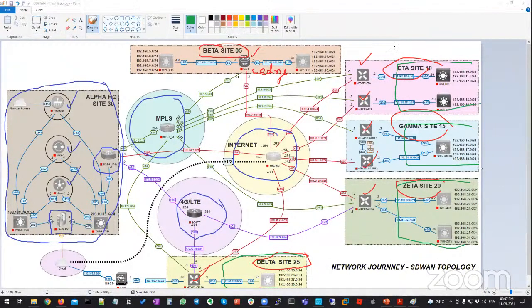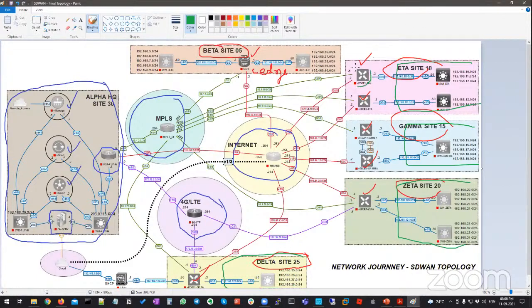Yes, sir. I have a question. On the ETA side, right? We are having 2 vEdge devices. Does it support, if we are planning to use one physical device and one virtual? No, again I tell you, in the production environment you would never use virtual because bandwidth is very limited.